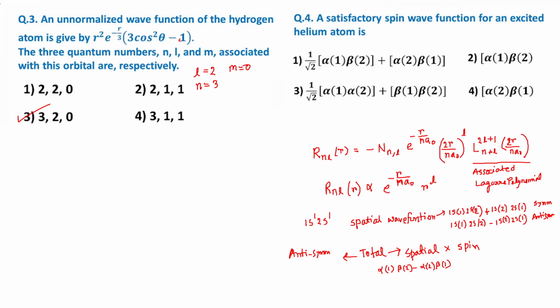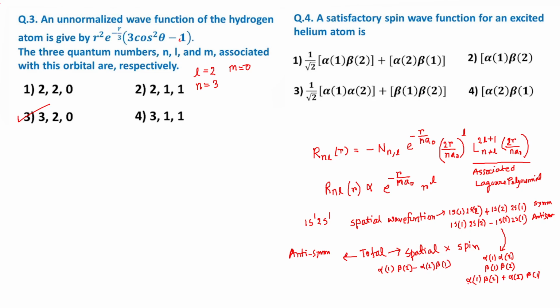So one option is this, and the other is when the spatial part is antisymmetric. Then you actually have three cases: both the spins are alpha, both the spins are beta, and another symmetric condition where the first has alpha and the second has beta, the positive combination, plus the second has alpha and the first has beta.